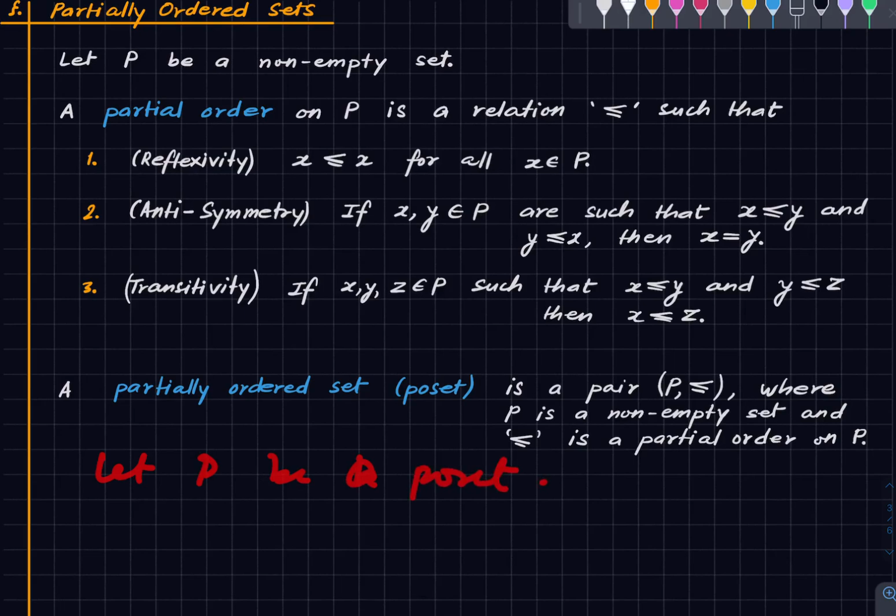When we say something like this, we really mean that we have a relation on P with those three properties, but the symbol for the relation is this one. One is not obliged to use this particular symbol, but this kind of abuse of language is rampant in all mathematics, and it is a good thing that it is.